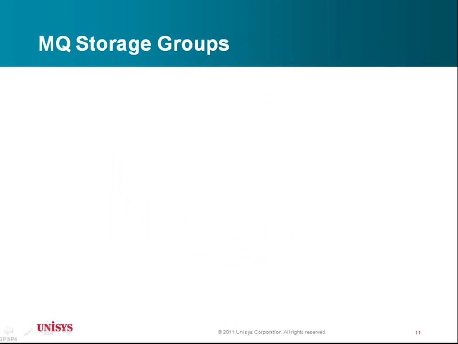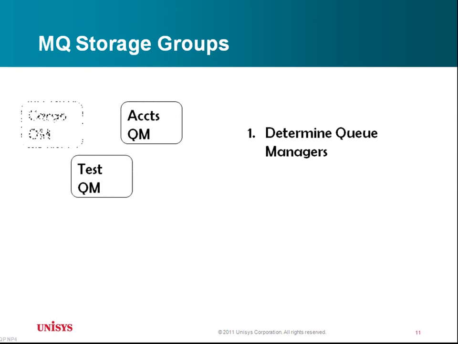All MQ data and logs created on external storage are grouped into what we call MQ storage groups. To create MQ storage groups, the first thing you need to decide is what are the queue managers that are needed for access on this particular QProcessor.